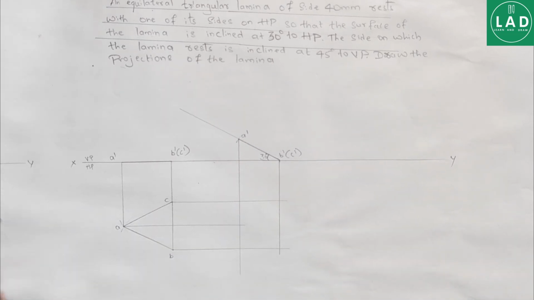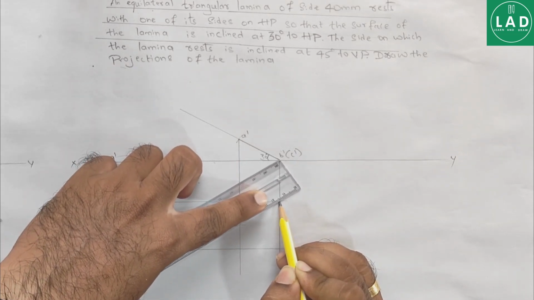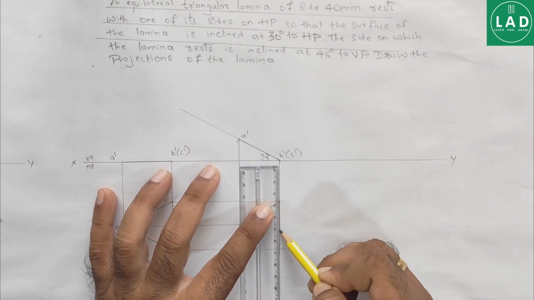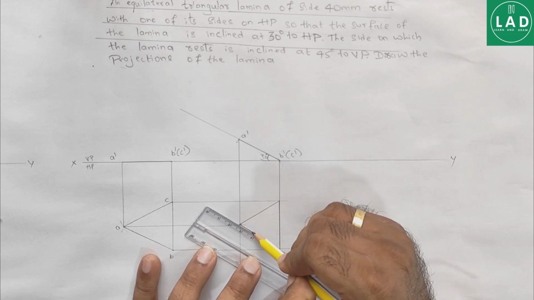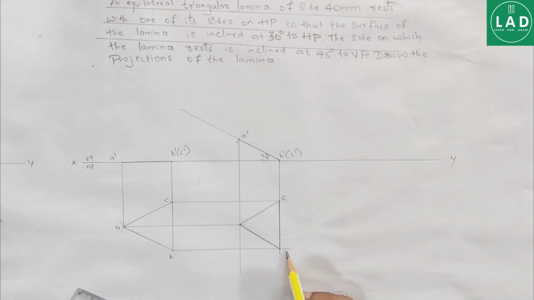Now let's join the points. So this is C, B and A. So this is our second top view.